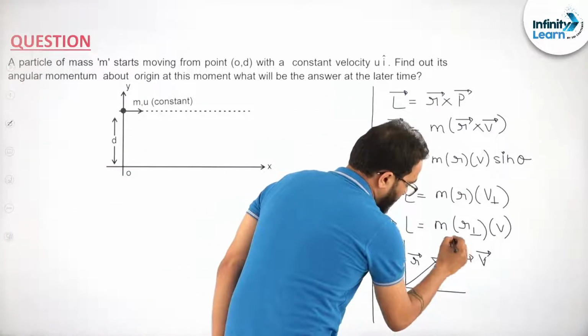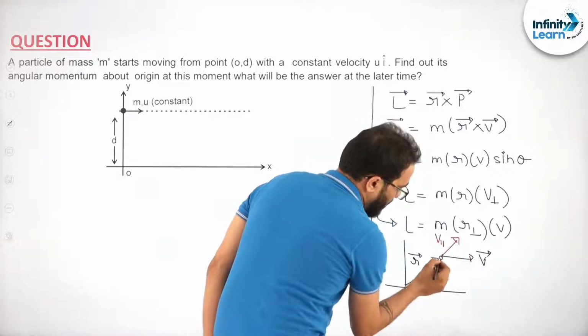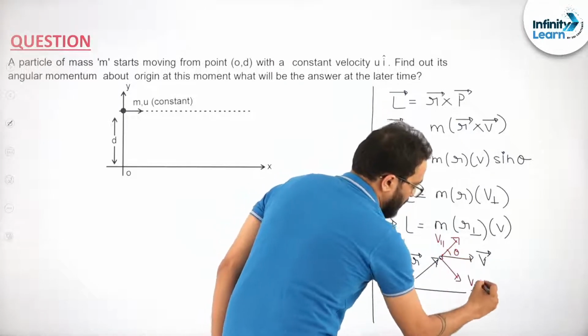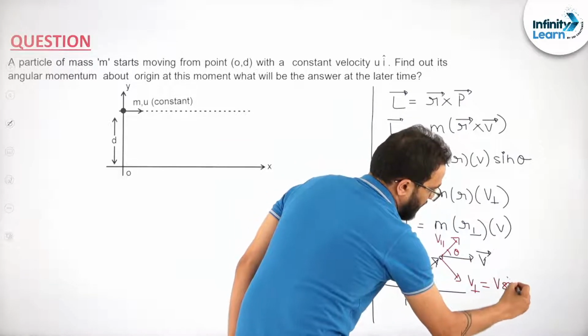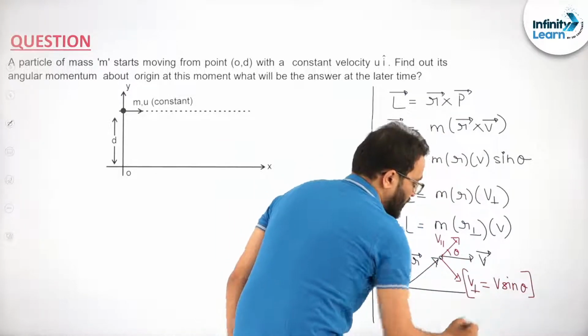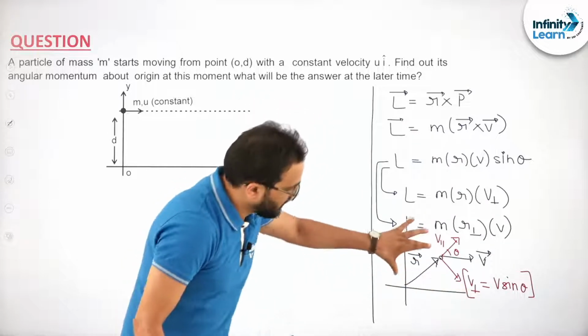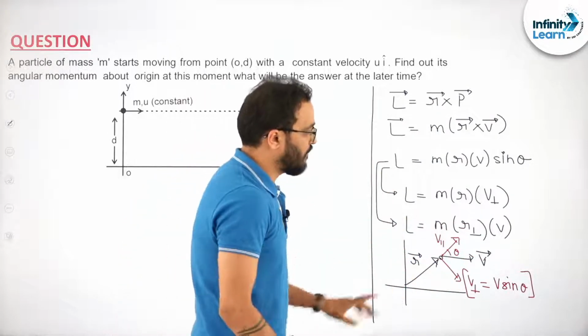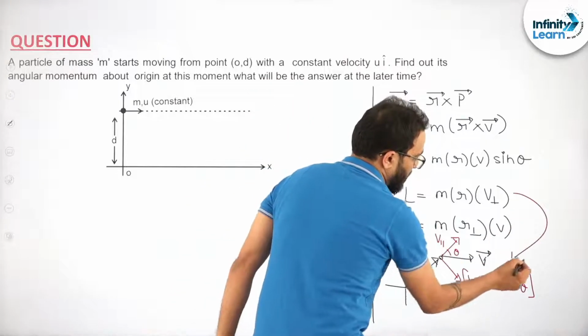One component will be along vector r, that is the parallel component, another will be v perpendicular. Now this angle is theta, so this is v sine theta. Are you understanding, students? So either we can do r into v sine theta into mass. This is our first method.